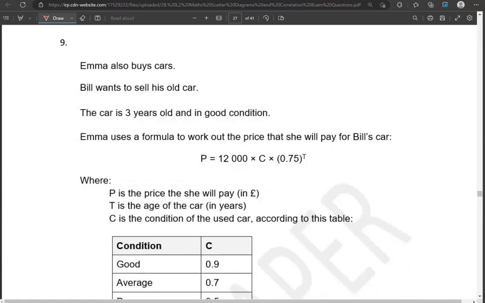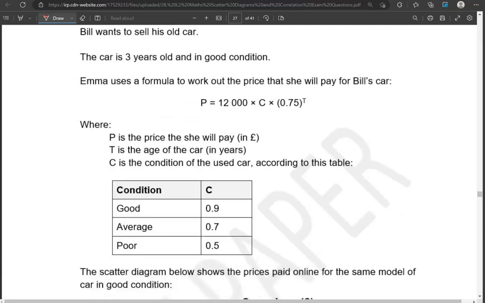Emma also buys cars. Bill wants to sell his old car. The car is 3 years old and in good condition. Emma uses a formula to work out the price that she will pay for Bill's car. P is equal to 12,000 times C times 0.75 to the power of T, where P is the price she will pay in pounds, T is the age of the car in years, C is the condition of the used car according to this table.